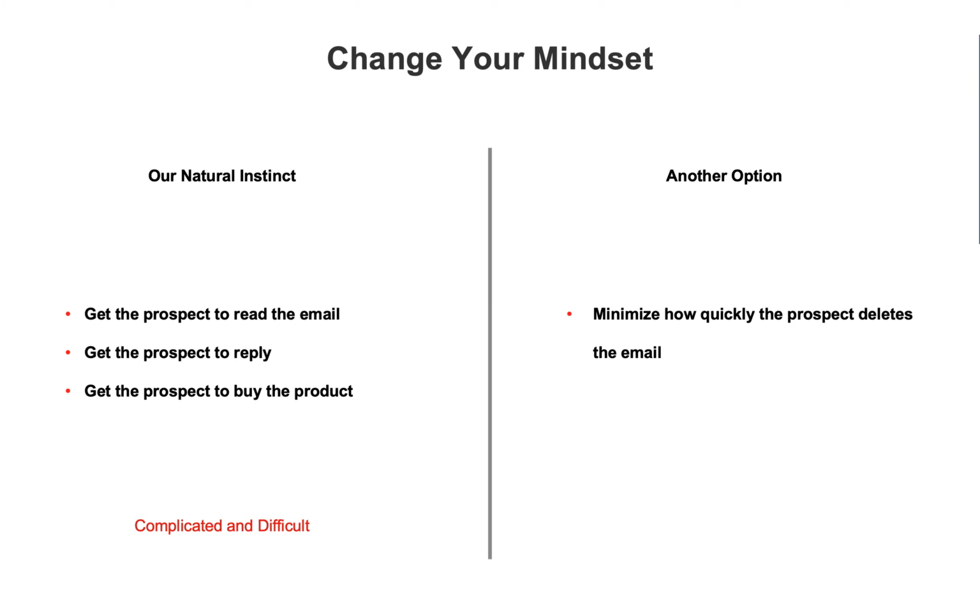Not saying it's impossible, but to make small changes so that the prospect is a little bit slower to delete your email and maybe looks at it a little bit longer, there are some very straightforward and easy things that you can do. So let's start there. Let's just start by getting people to look at our emails a little longer and be a little slower to delete them, and then maybe some of the other stuff can fall in place.